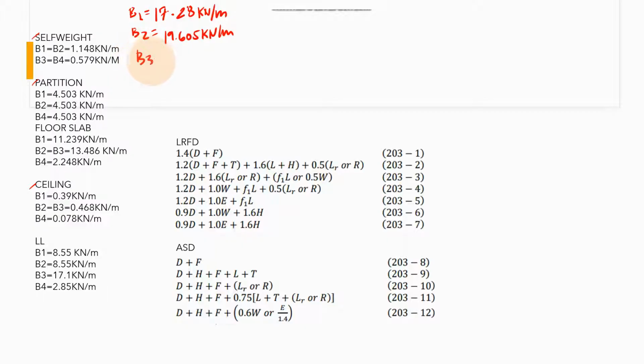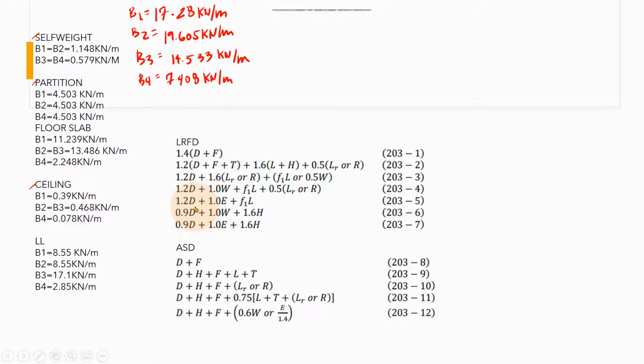And then sa ating beam 3, we have 14.533. And then for our beam 4, we have 7.408 kilonewton per meter.